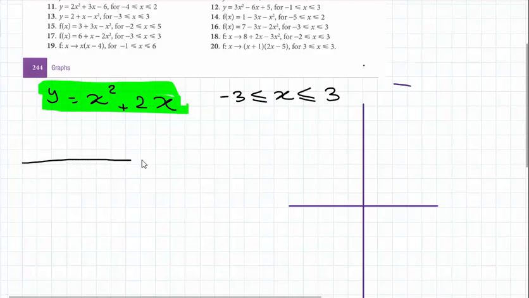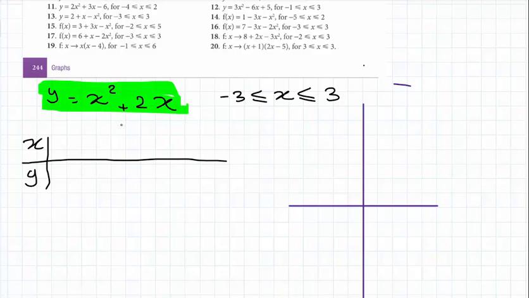Now the table: x values are here, y values, meaning the results, are here. For quadratic equations, it's better to pick negative numbers, 0 and positive numbers, because you can get the shape of the curve.